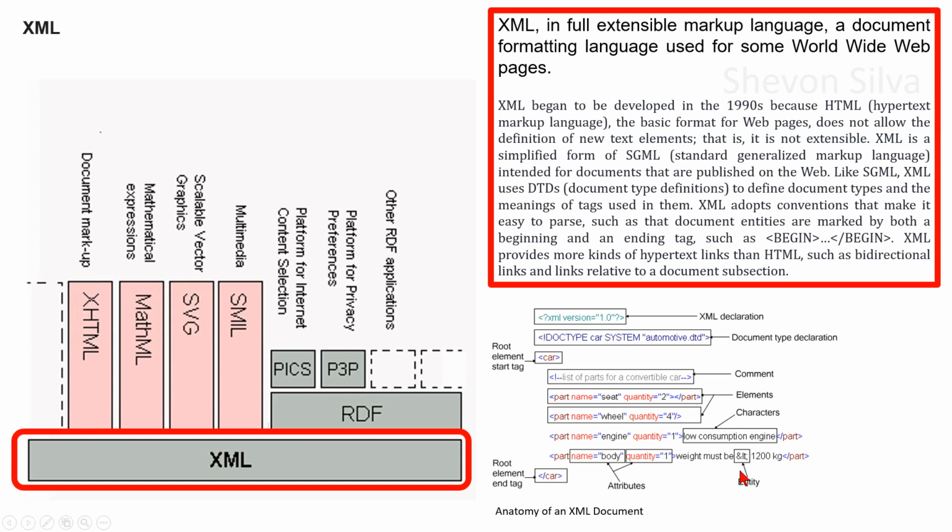Entities. XML uses entities to escape reserved characters or specify characters not supported by the document code page. The ampersand LT entity is used here to escape the less than reserved character.